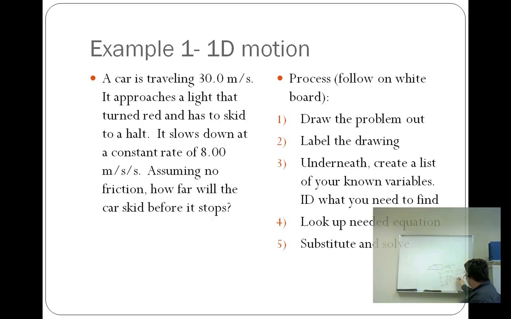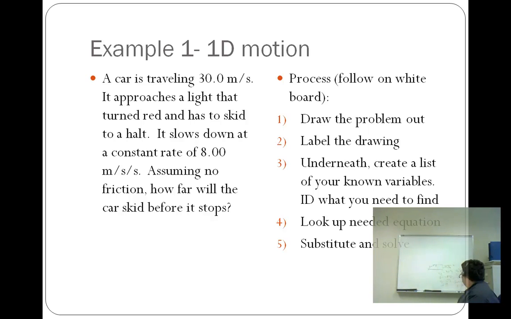So 0 equals 900 minus 16x. 16x equals 900. X equals, you should get 56.3 meters. You will get on your calculator 56.25. You can round it to 56.3.